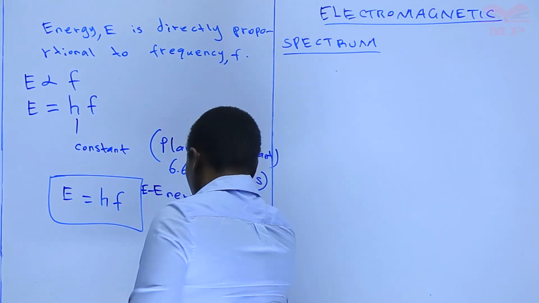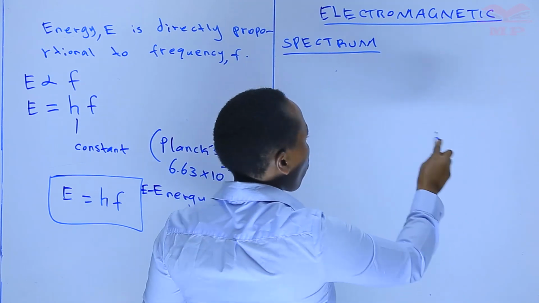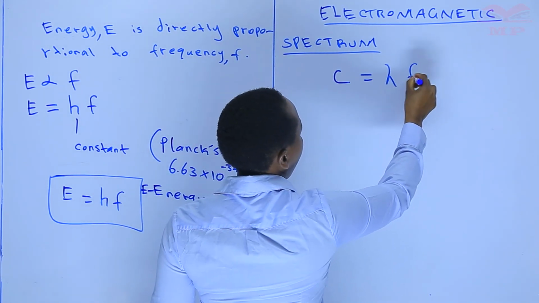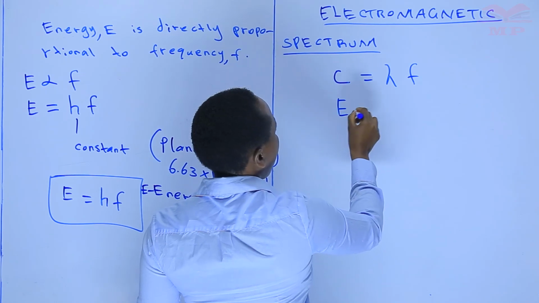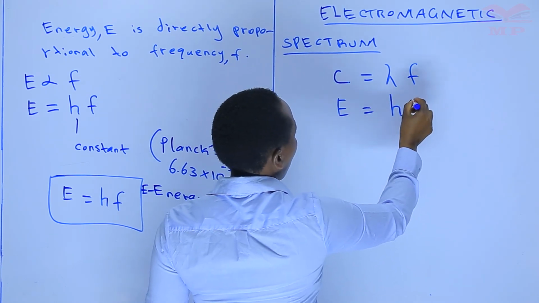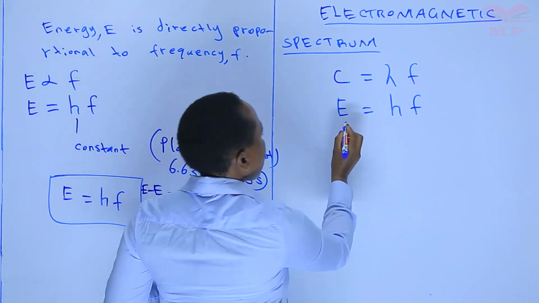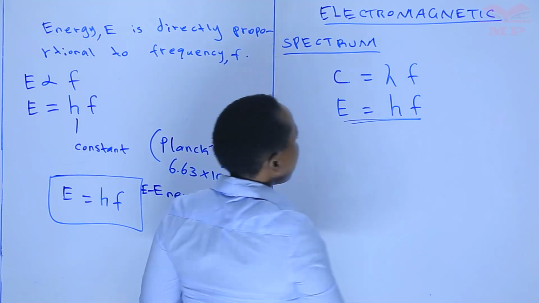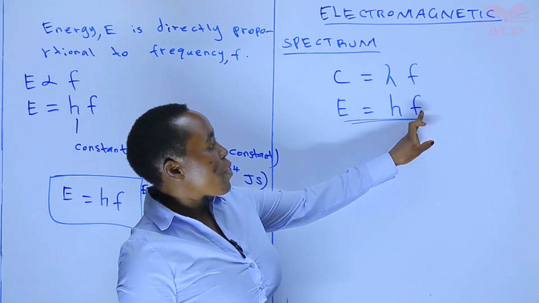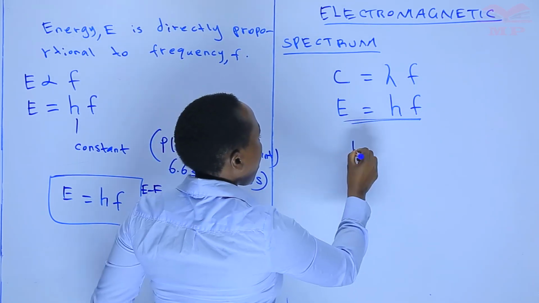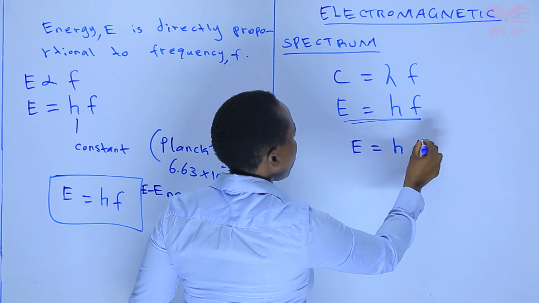So we have seen the first one is the wave equation, where c is equal to lambda f, and then we have seen energy is equal to Planck's constant multiplied by the frequency. Now, using this equation, we can make frequency the subject of the formula. So we have E equals hf.